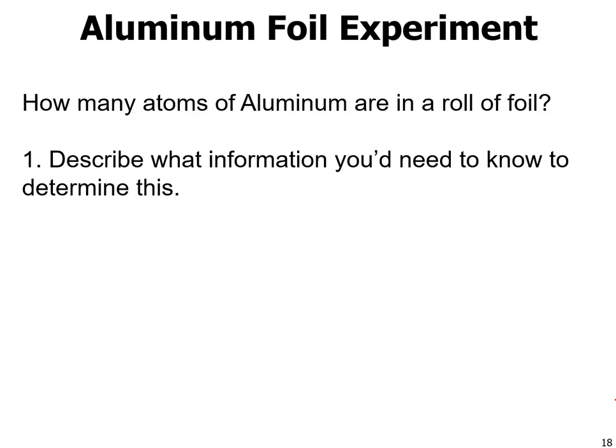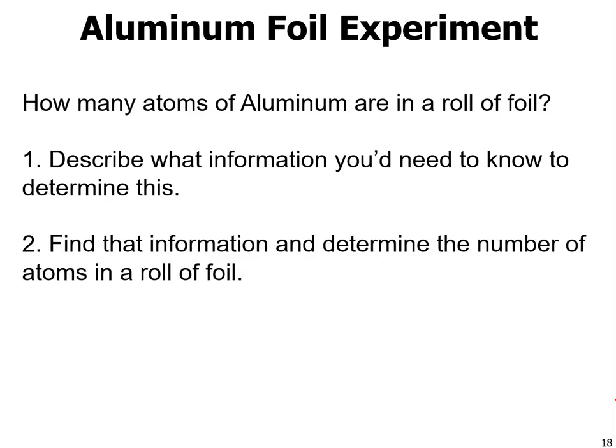What information do you need to know about that roll? What I want you to do as an assignment is find that information. So find a roll of aluminum foil and then write that information down.